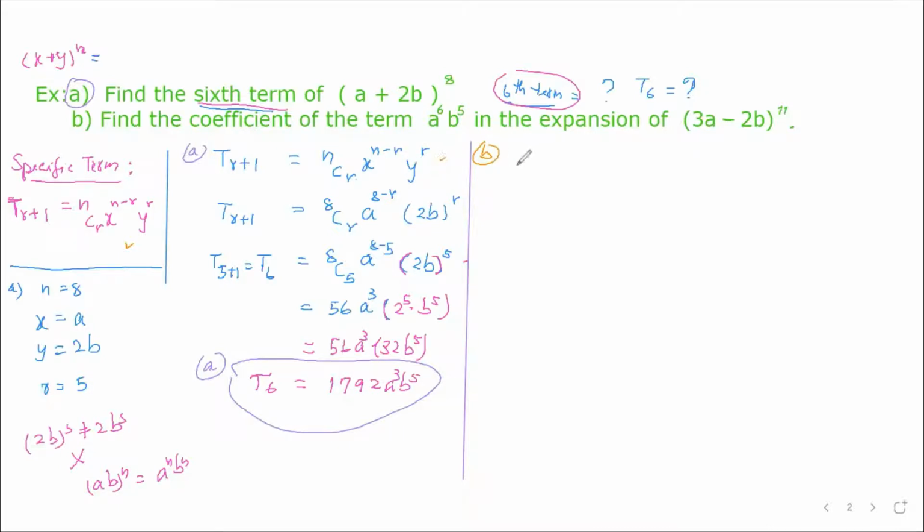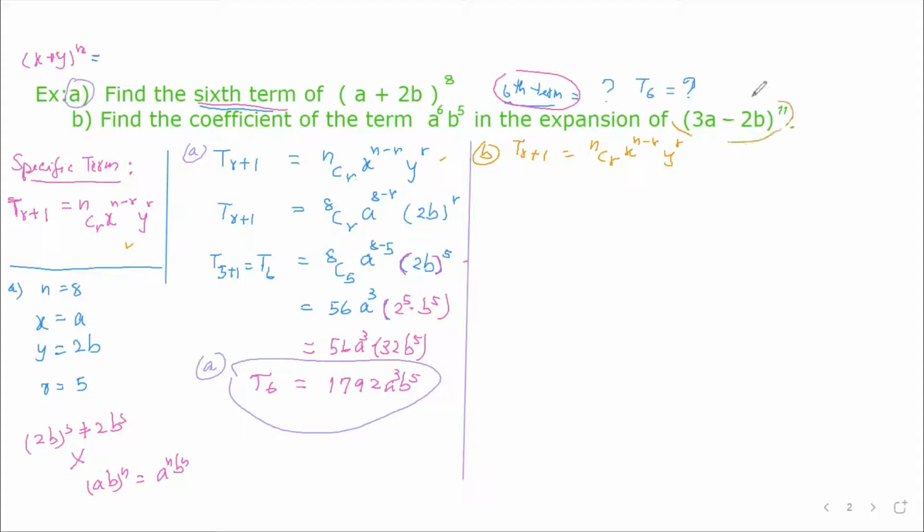Same thing here, right? Maybe I write the formula again one more time, so you can remember later on. nCr, x power n minus r, and y power r.